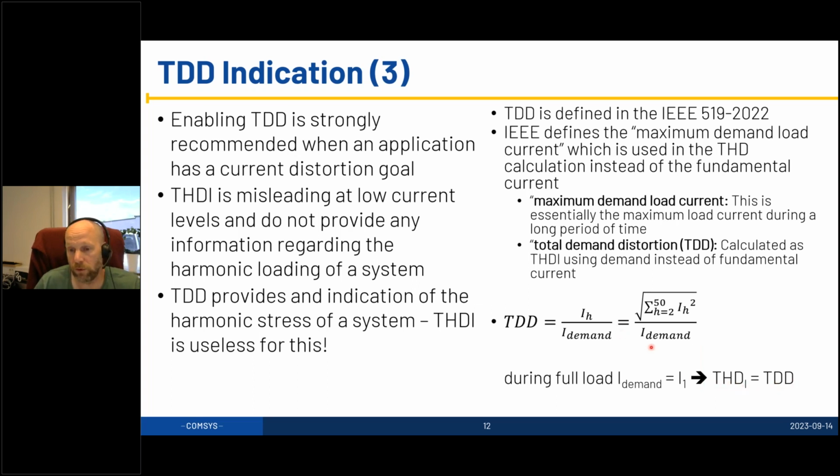So during full load situations, TDD and THDI will show the same number. But if we have a low load situation, then TDD is a much better measurement that is actually indicating the harmonic loading that you have.